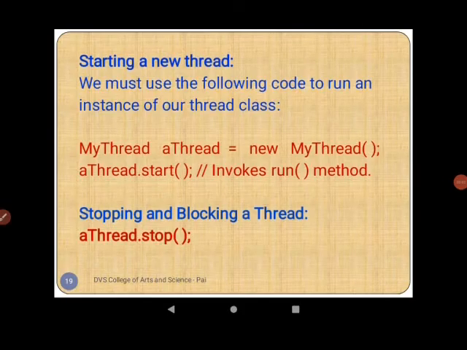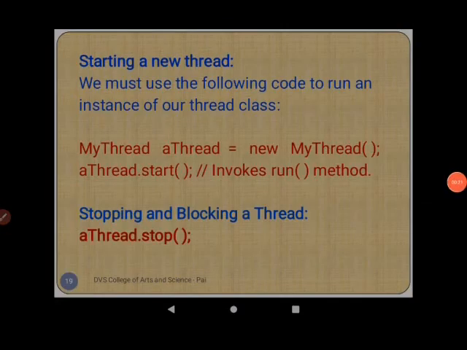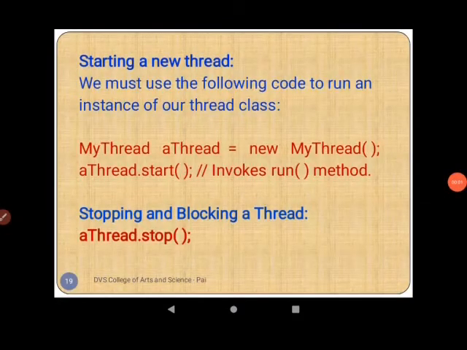Now create an object for the myThread class by using the statement myThread aThread = new myThread(); It will create an object called aThread. Now use this object to invoke the start method. aThread.start() will invoke the start method, which in turn calls the run method.